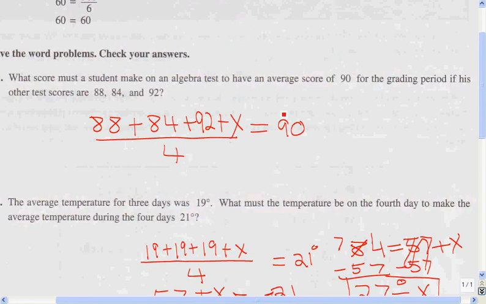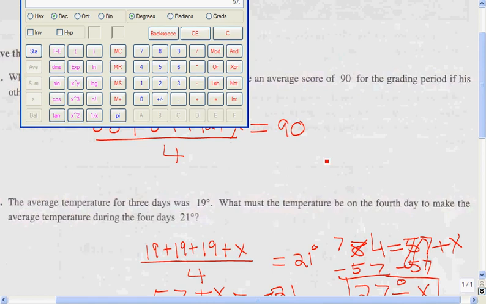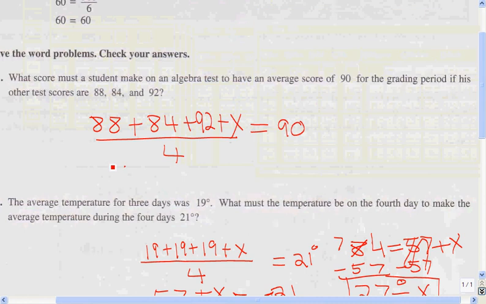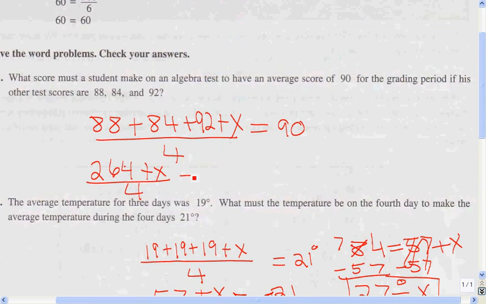And what I'm going to do here is add 88 plus 84 plus 92. I don't know what that is, so I'm going to use my calculator. 88 plus 84 plus 92 equals 264, plus x divided by 4 equals 90.